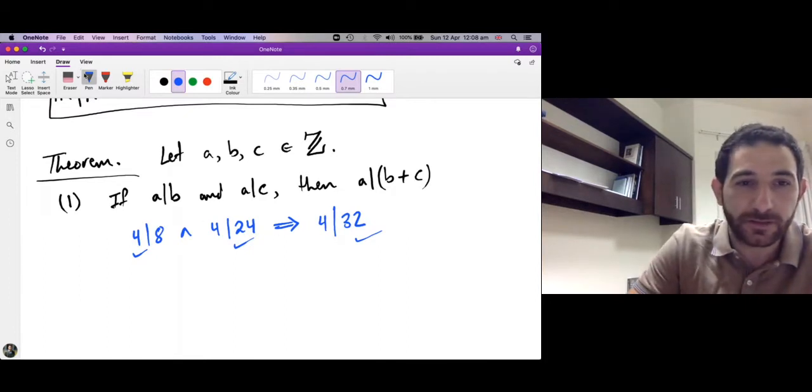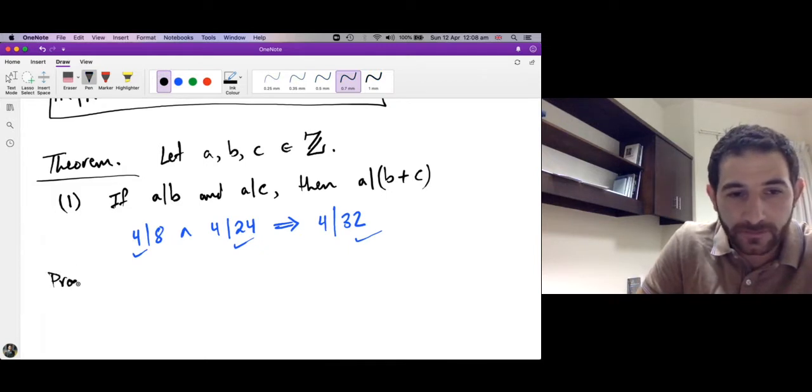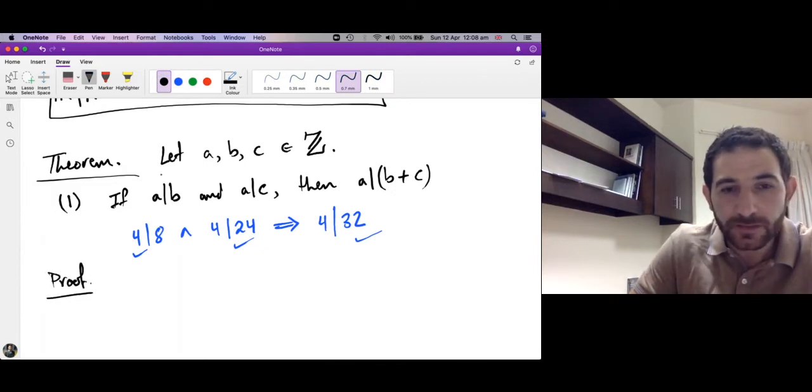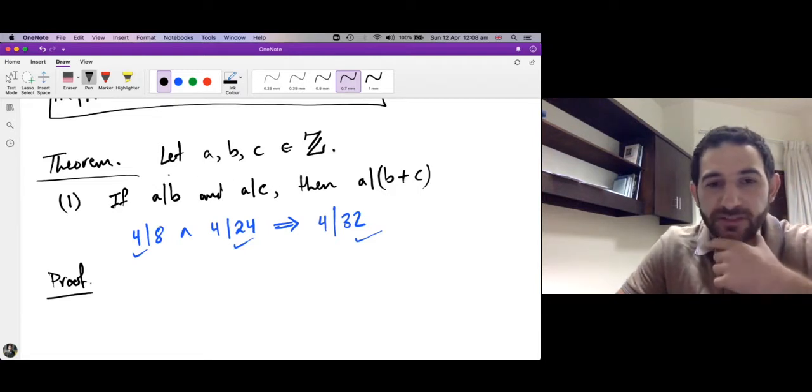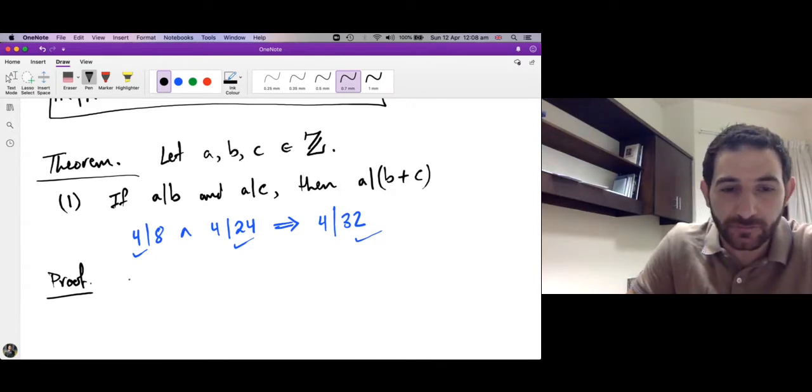So let's prove it. Here is the proof. This is a conditional statement. It says P and Q implies R. So we will use a direct proof, assuming the hypothesis.